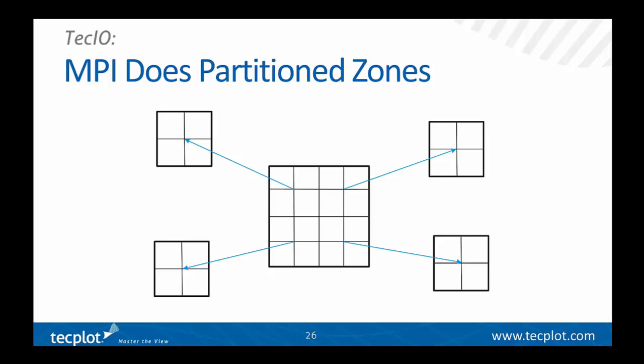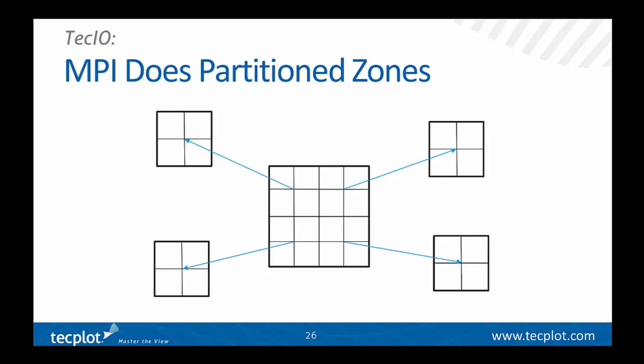The little schematic picture there just shows an original zone, 4x4 cells, that's been divided out into 4 pieces, each of which presumably is being calculated by a separate processor on a parallel machine.